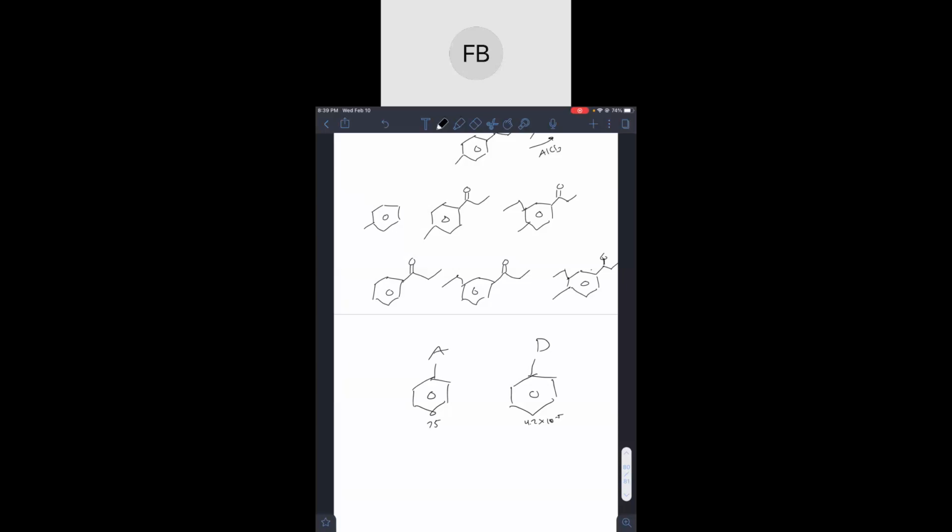But if you have the option between two starting points that both get you to the endpoint, choose the one that's more activating. The first most important thing is to make sure that it directs to the proper position. That's actually more important than how much it activates, because we want the right answer. Sometimes there's a way to make it with a higher yield, but even if it has a lower yield, you need to write the right answer.